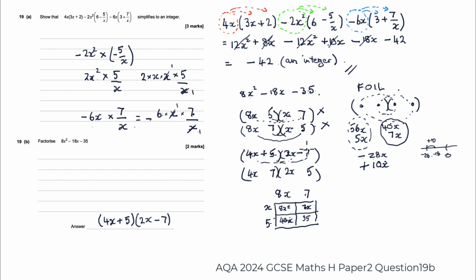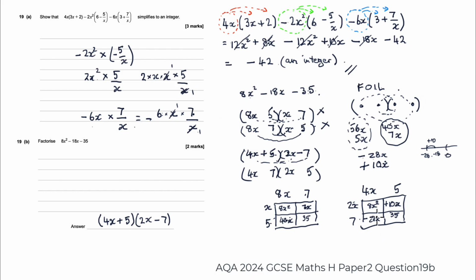So you'd move on to maybe this next one where it's 4x and 5 and 2x and 7, and make up your table from that with your 8x squared there, your 35 there, and here's your 10x, and there's your 28x. And you're saying, oh gosh, if that was negative 28x and that was positive 10x, we can certainly get our negative 18x.